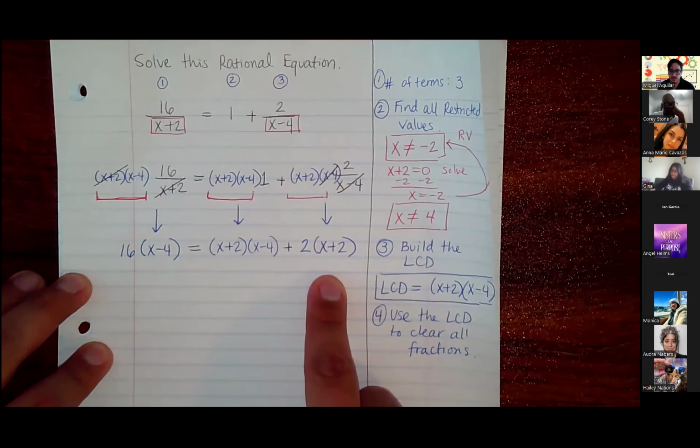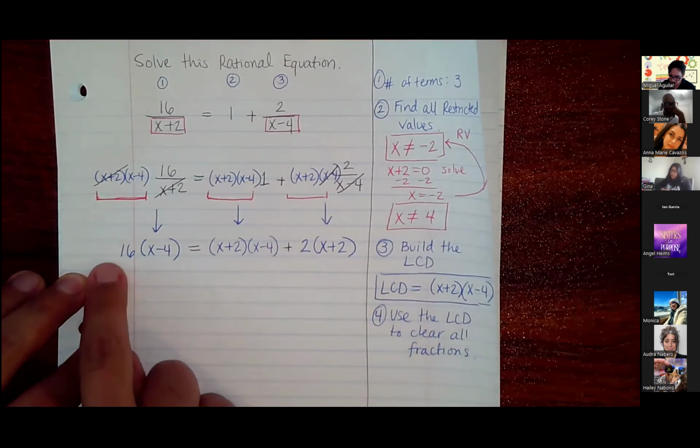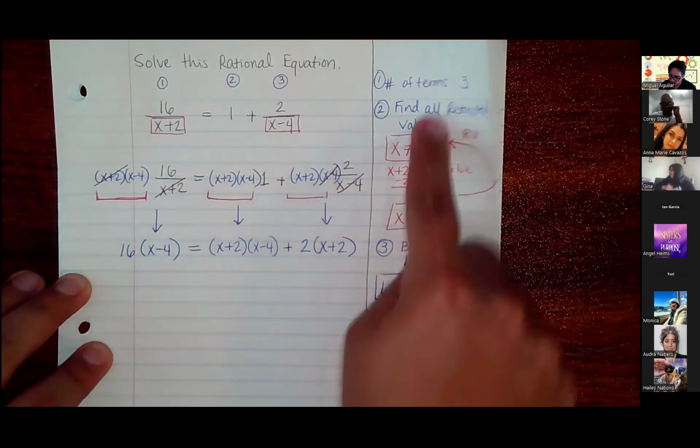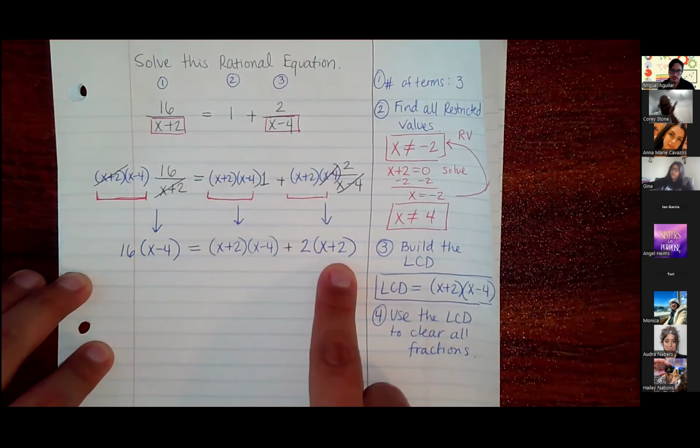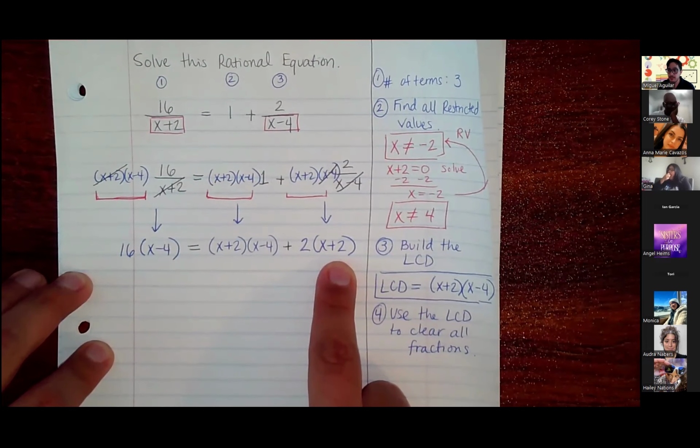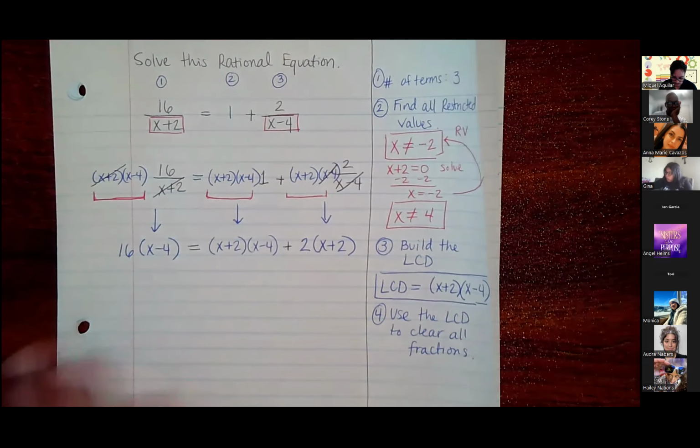And that's what we were trying to accomplish, clear all the fractions. So if for some reason you do this step, you go 1, 2, 3, and then you get to this new line and you still have a fraction, well, then you've made a mistake. You didn't clear the denominators correctly. Okay. So are you guys ready for the next step?